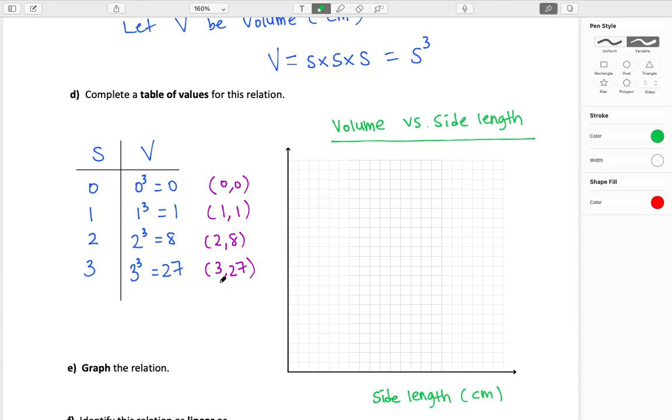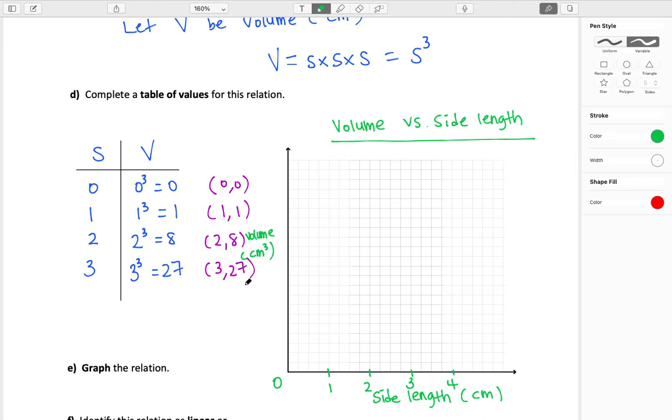And for dependent variable is volume in centimeter cube. So for side length, I'm going from 0 to 3. So I'm going to do 0 here. And then for every 5 spaces or every 4 spaces, I could do 1, 2, 3, and 4.